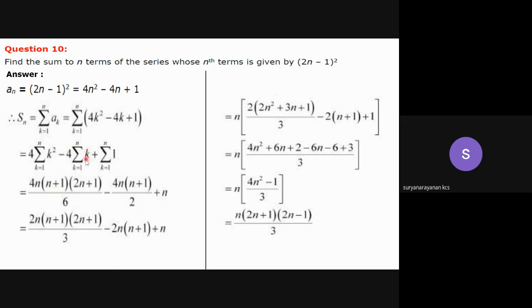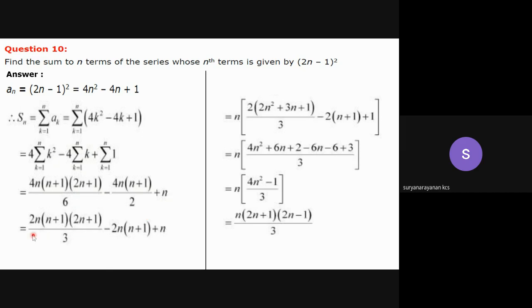What is the value of this sigma notation? Yes, n into n plus 1 by 2, plus sigma of 1 from 1 to n. What is the value of this sigma notation? n. At the beginning of this exercise, I gave these formulas. We have to memorize these formulas well, my children. Without learning these formulas, you cannot find the sum to n terms of the given series.